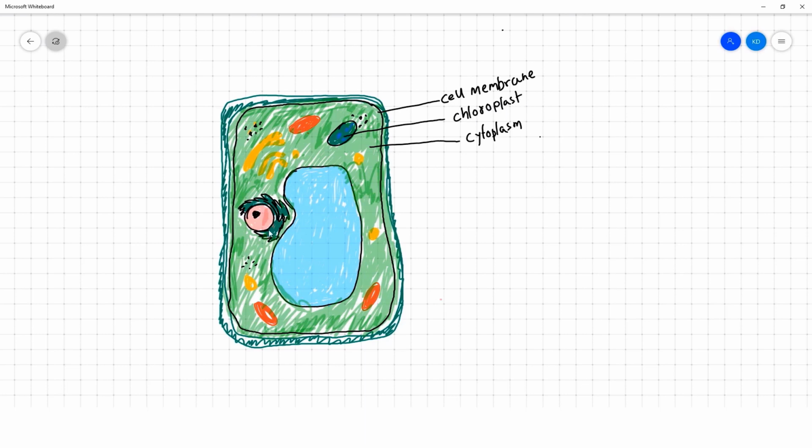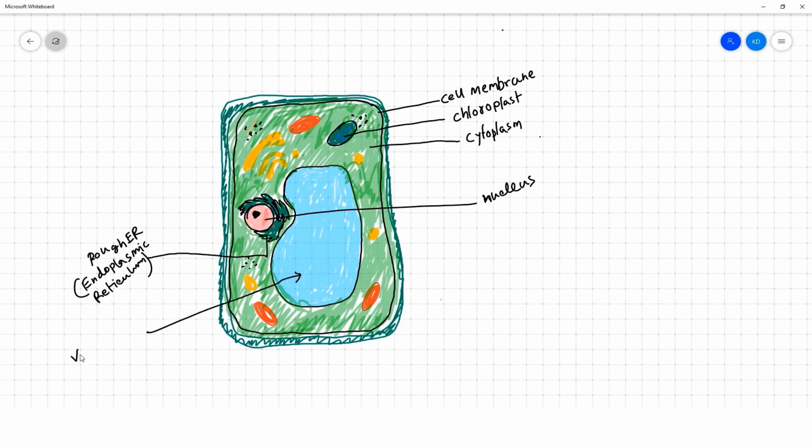Chloroplast is very important in plant cell. And why important? Because with the help of this chloroplast, plant can make their own food. Okay, and the rough endoplasmic reticulum, I will discuss later in this video.